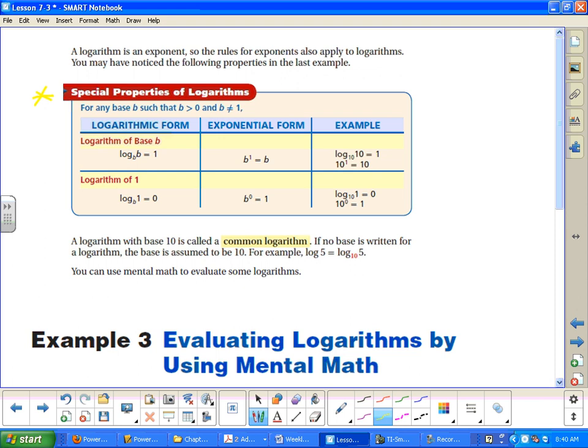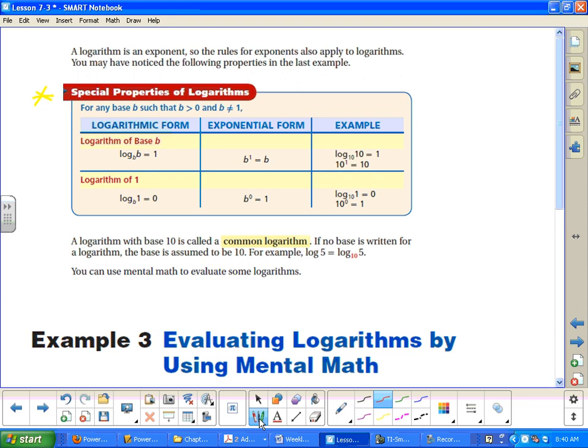And so here, their example, the log base 10 of 10 is equal to 1 because 10 to the first power is 10. So you can always note that if the base and the "of" part are the same, it's always going to be equal to 1.